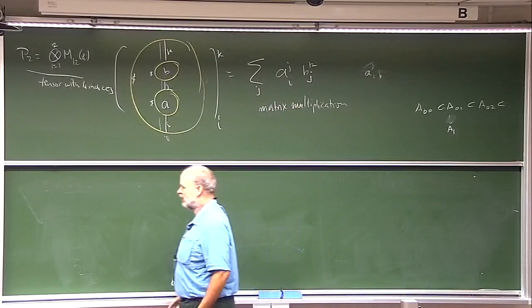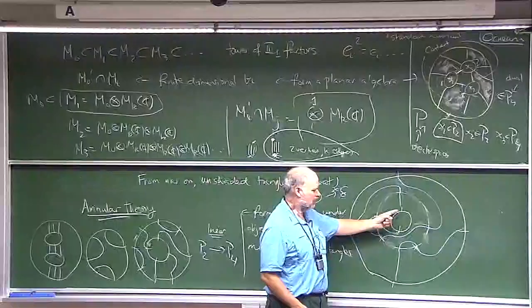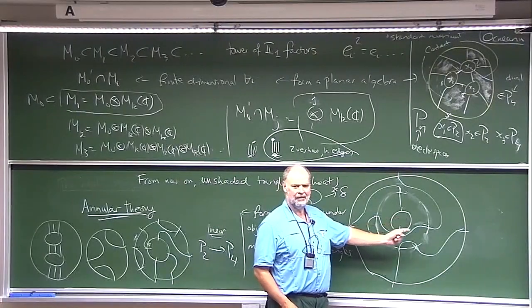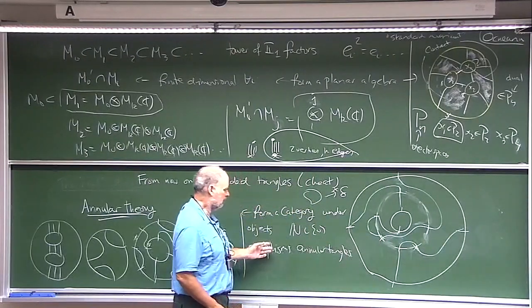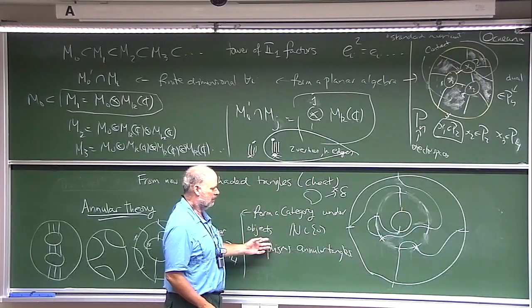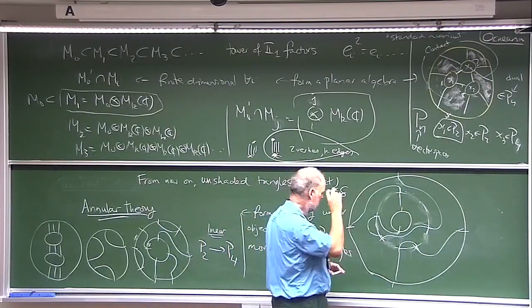Given this category of annular tangles, there's one question that may be lurking in the back of your mind. Maybe it isn't, but it will slowly become a theme for the talk. What about these boundary points? How sloppy do we have to be about these boundary points? Well, if we want the objects of the annular category to be exactly just n, then we have some freedom with these boundary points.